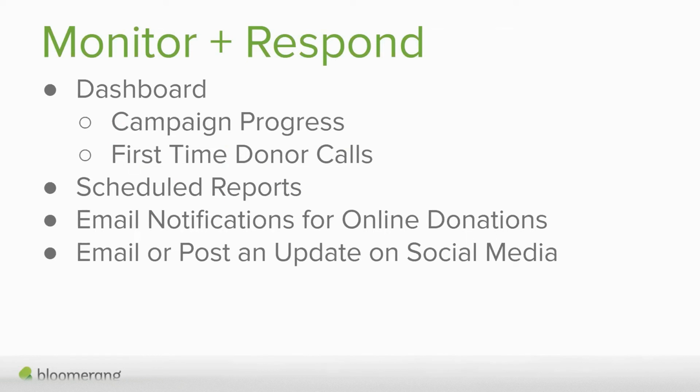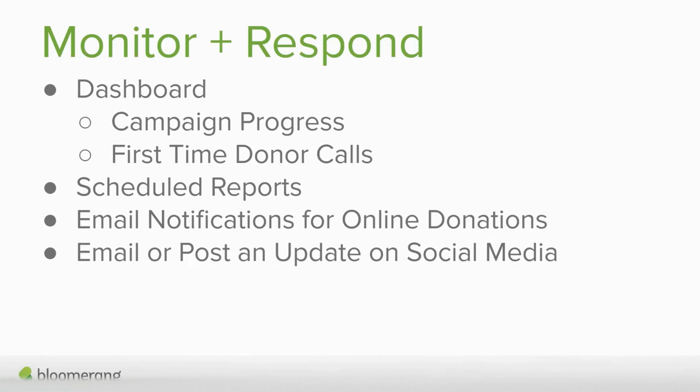You can also create some scheduled reports. Maybe you want to create a report in Bloomerang right now. Have that filtered for campaign is GivingTuesday 2021, the one that we created earlier, and have that scheduled to go out on day of at a certain time. So you can go ahead and set that report now.